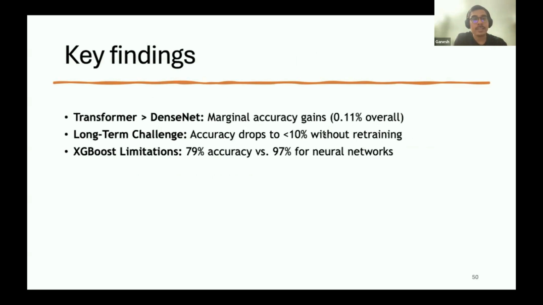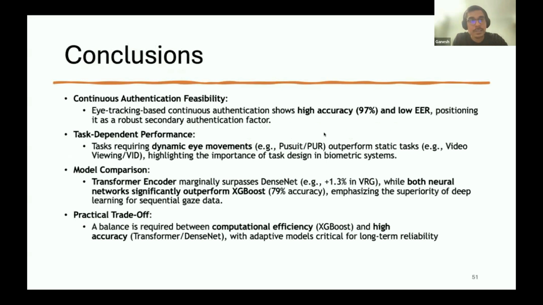So the key findings are Transformer performs well compared to DenseNet, and the long-term challenge is that accuracy drops to less than 10%, and XGBoost machine learning models perform less well than neural networks.